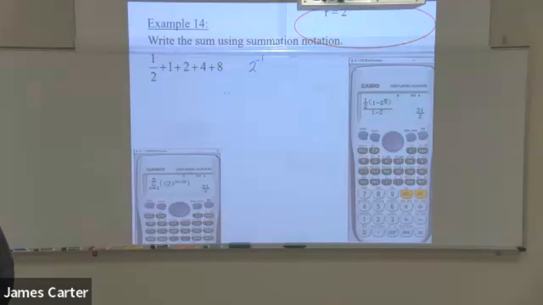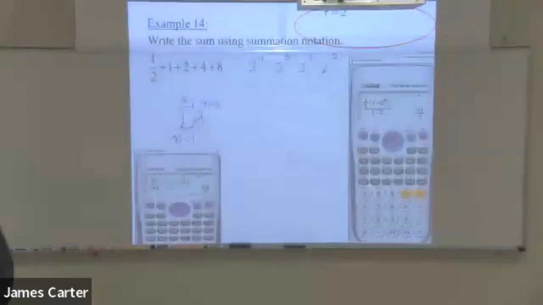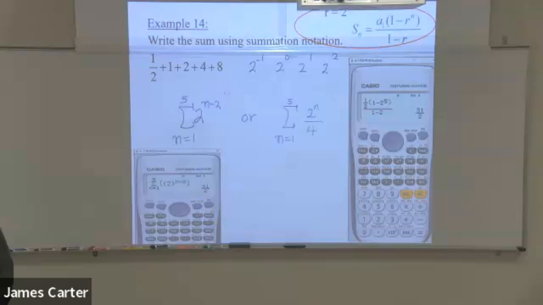Notice this formula right here. That is the multiple formula. Either one of those 2 formulas would work, give you the same results.